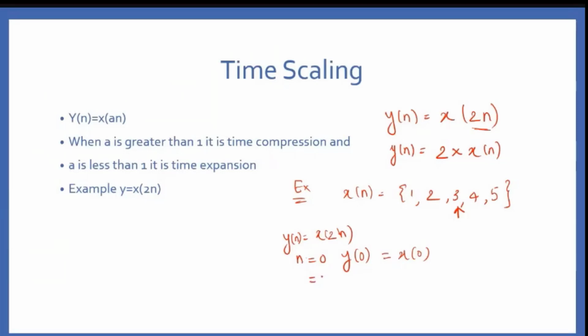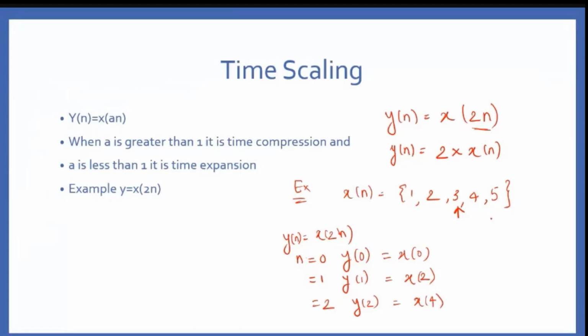At n equal to 1, my y[1] will be equal to x[2], right? Everybody is with me? At n equal to 2, my y[2] will be x[4], correct? Yes or no?